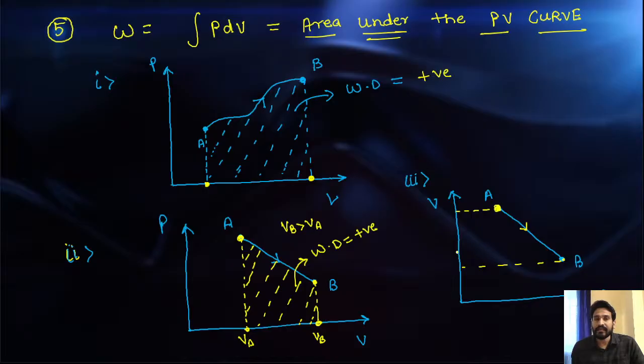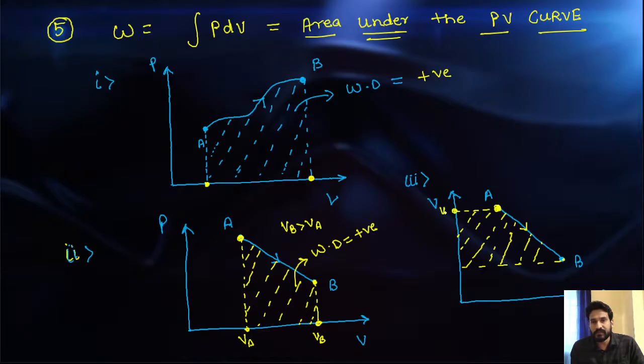In the work done, which is the area under the PV curve, in graph 1 and graph 2 we are taking the area under the curve on the volume axis.